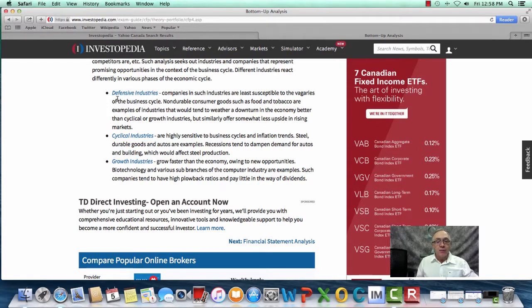So even though people are advised not to time the market, people will move from aggressive portfolios to neutral portfolios to what are called defensive portfolios, depending on where they think we are in the business cycle.